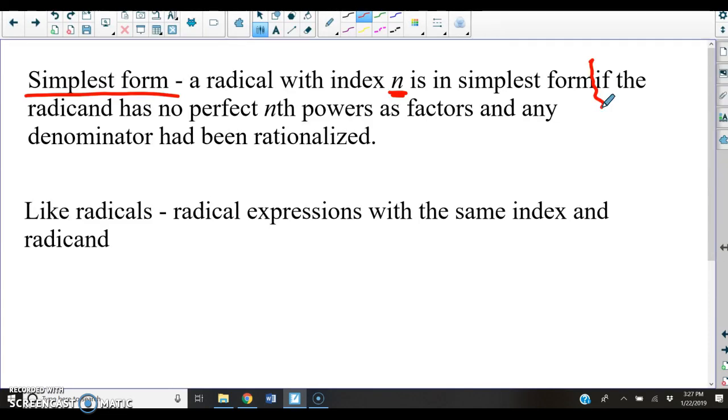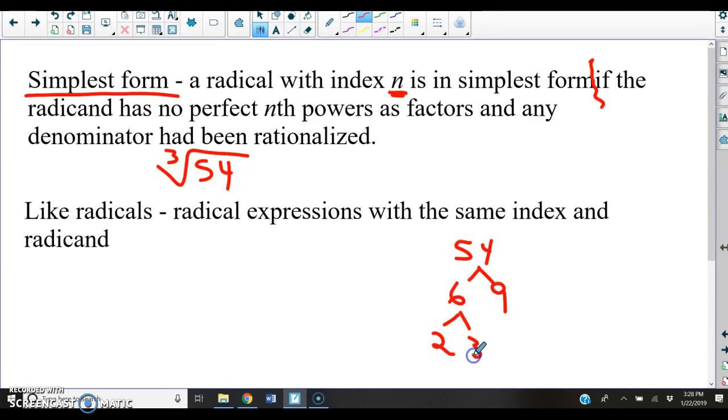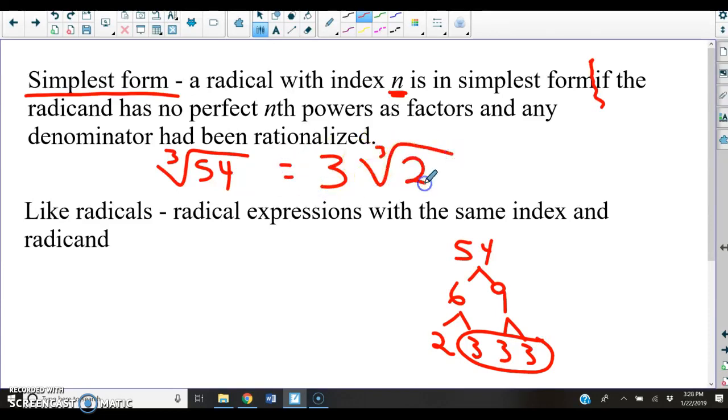So for example, if we are going to try to say the cube root of 54, well, 54 doesn't have a cube root, so you think you're done. But this is saying I want to take 54 and break it down. Well, that's 6 times 9. 6 is 2 times 3. 9 is 3 times 3. It's cube root. We're looking for 3 of a kind. So there's 3 3s when we simplify it, but we still have a leftover 2. So we've got the cube root of 2 that has to stay as a cube root.